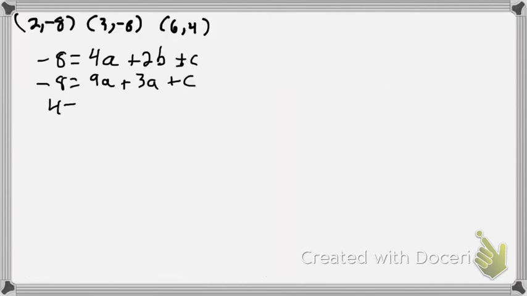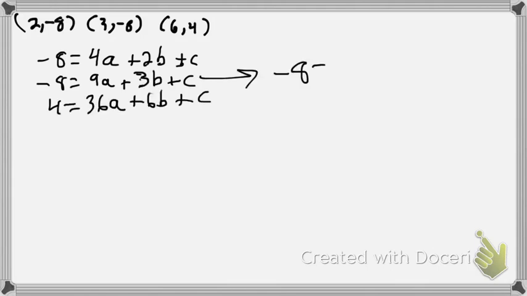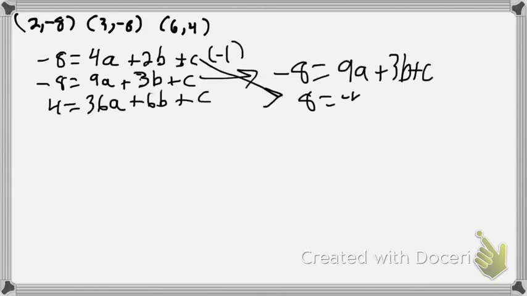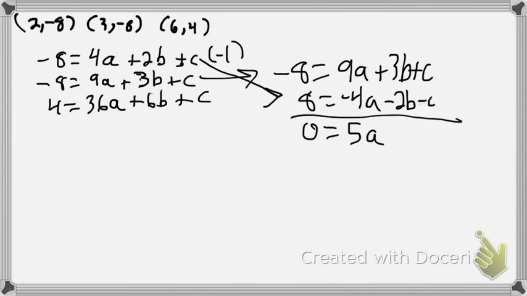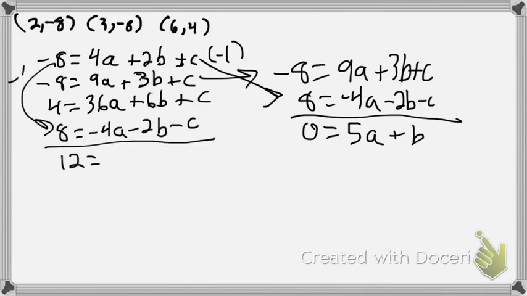Same thing going forward. Plot my points, write my equations, combine. Now it's not always the first two, but this is what I'm doing. So I combine the first two, and I get 0 equals 5a plus b. I just subtracted the top one from the bottom one. Now I'm going to subtract the top one from the last one, the third one.